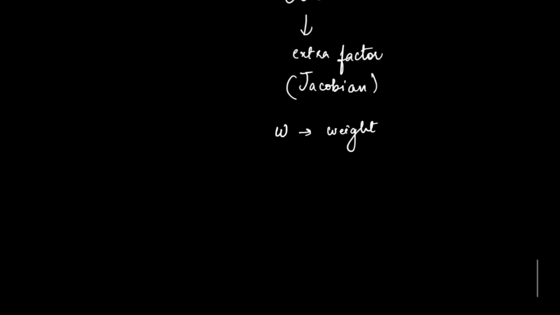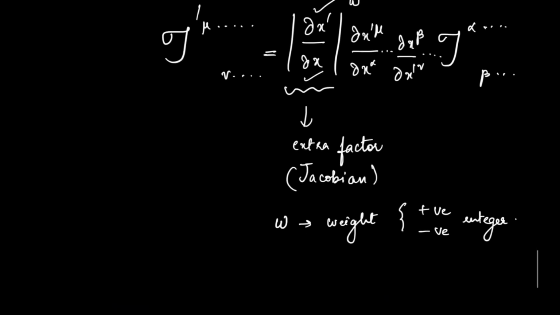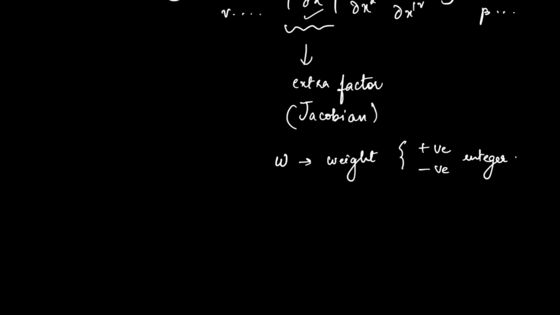W is a constant and it can be a positive or negative integer. In the Jacobian, the partial derivative of x prime will come in the numerator and the partial derivative of x will come in the denominator. This is the Jacobian, raised to some w. W is the weight of the tensor density and it can take positive and negative integer values.